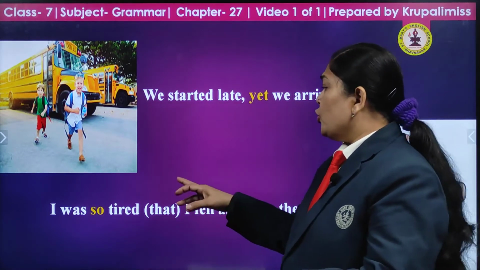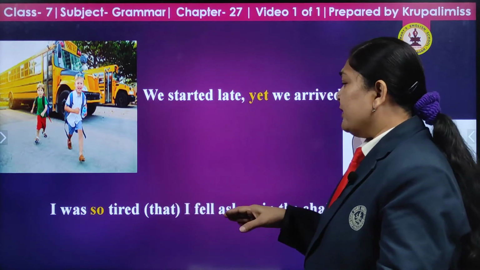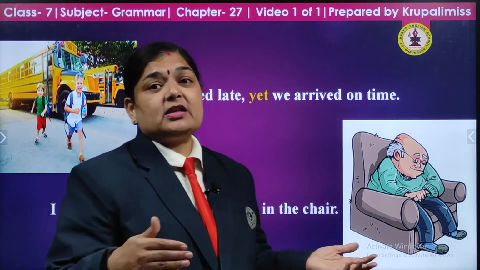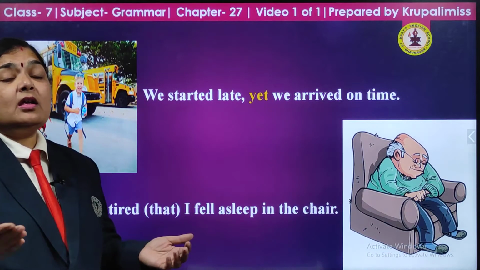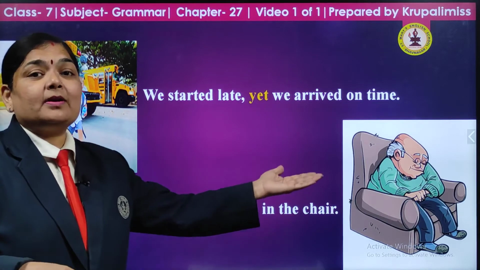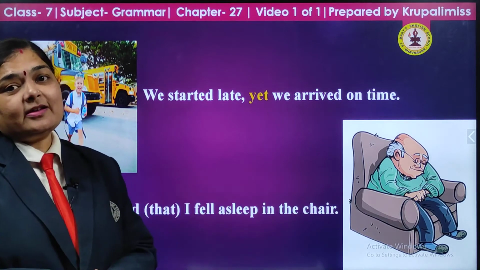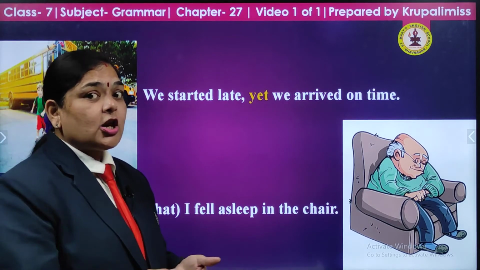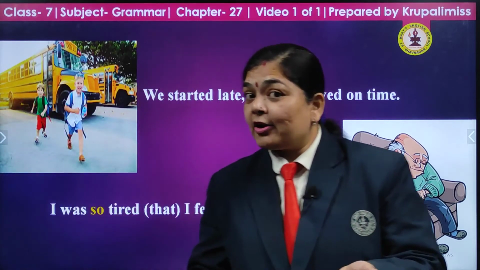Now, I was so tired that I fell asleep in the chair. What was the reason? That I felt so tired. So what happened? I fell asleep in the chair. So children, and, yet, or, neither nor.